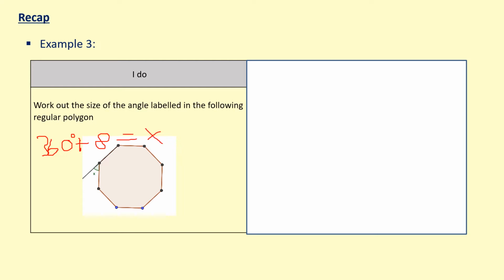I'm just going to write X for one exterior angle, because that's the letter here. So that gives us this one exterior angle that I've just shaded there. We should all know how to do that very simply. Recapping that just makes sure we get our first step right in our problem solving.